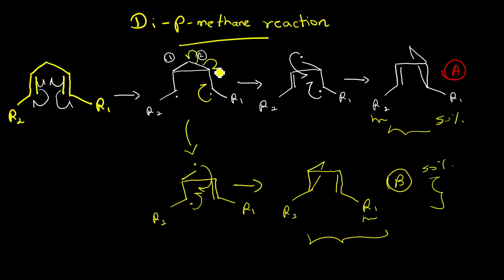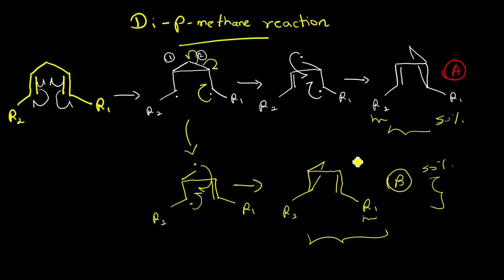If you have different substituents, different components attached to your compound, then you have to be very careful and observe which bond is stronger. That stronger bond will not break, so the other bond will break, and the reaction mechanism would follow that particular path.